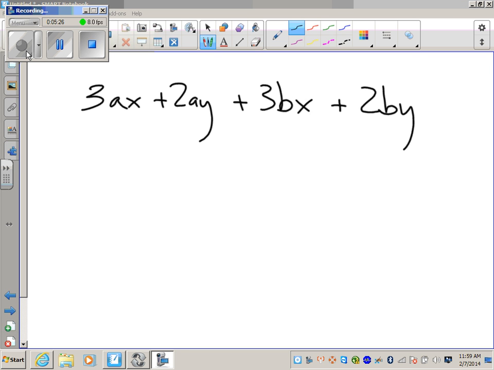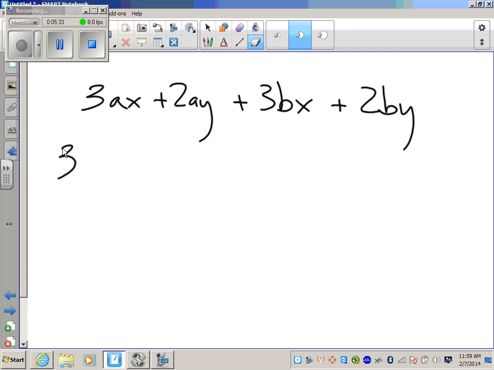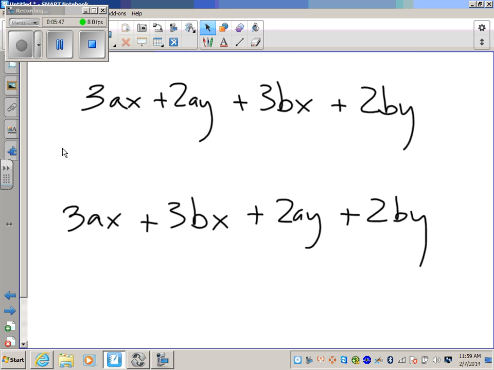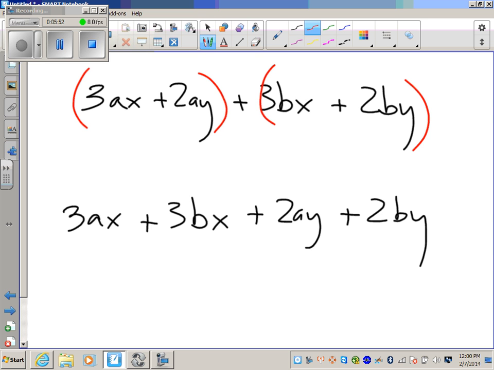Anyone group it different? Mark. Yes. 3ax and 3bx, and you did 2ay. Okay, are all the signs consistent? So it shouldn't matter. Let's do this one first. GCF is what? Just A, so we should have 3x plus 2y.